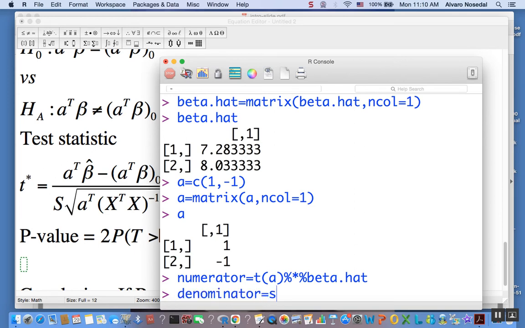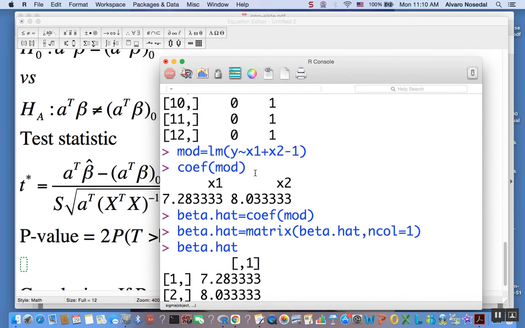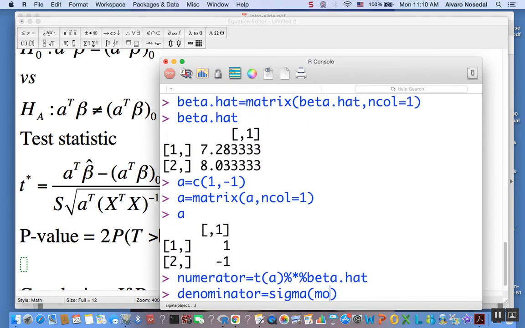So first, we know that we could get an estimator of sigma for our model. We called it mod, with that command sigma mod is going to give you the estimator of sigma using that linear model. Okay, now we are going to multiply by the square root of that quantity, A transpose times X transpose X inverse.